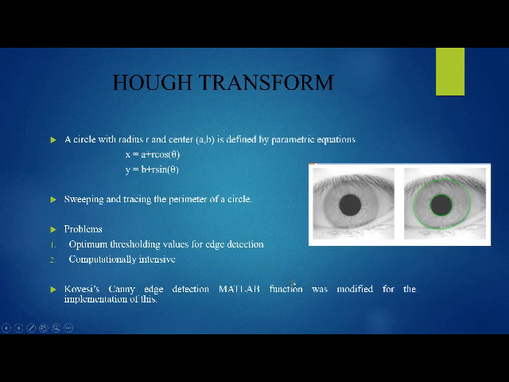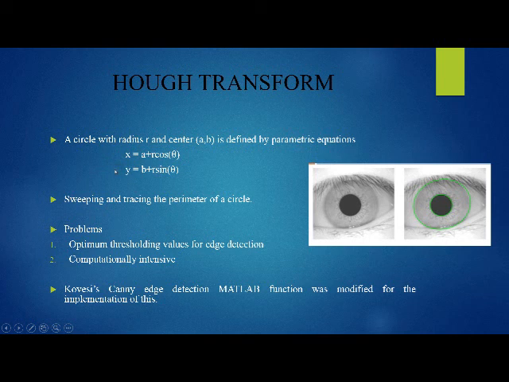The Hough transform is basically a standard computer vision algorithm which is used to determine parameters of simple geometric objects such as lines and circles. Here we use the circular Hough transform. A circle with radius r and center (a, b) is defined here by these equations.